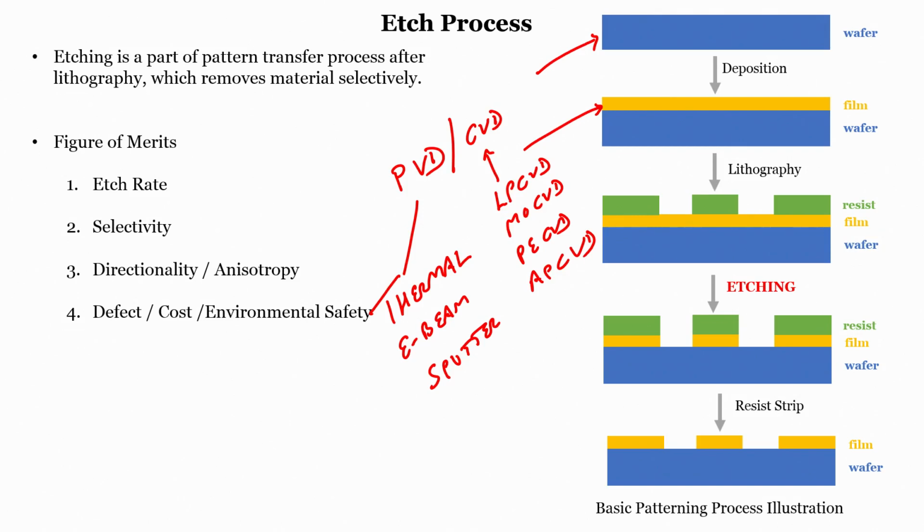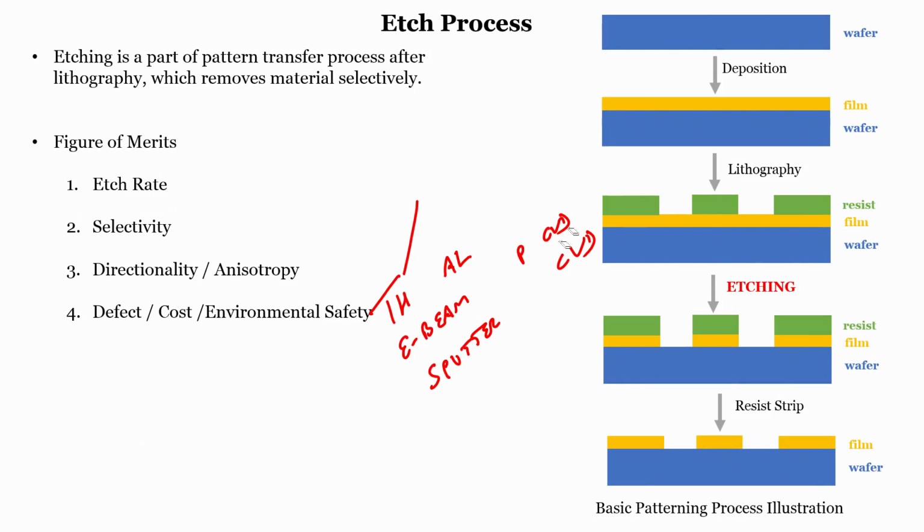Once the film is deposited by any of these techniques, you can also use a spin coater for spin coating the film on the wafer. So, using any one technique, if we deposit a film on the wafer and I want to pattern the film, what kind of patterning do I want?